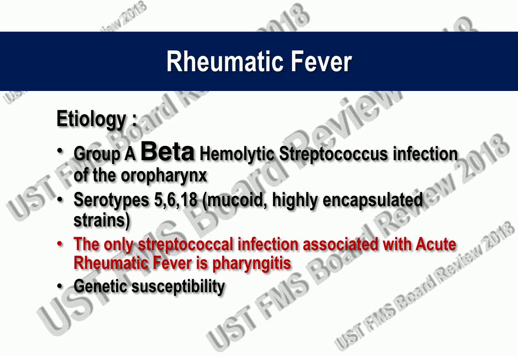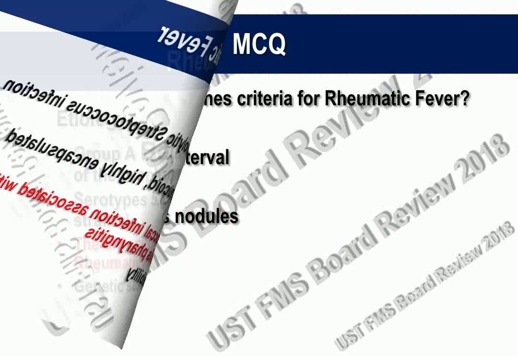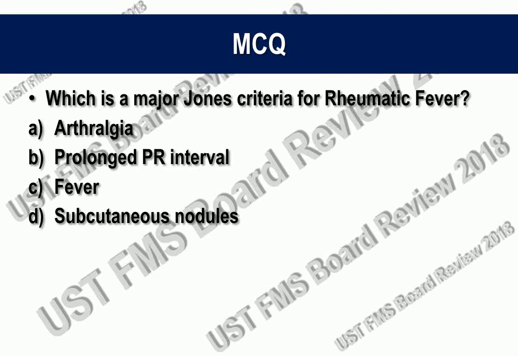And there's a particular genetic susceptibility to this particular agent, which is a major Jones criteria for rheumatic fever. So you need to be familiar with the criteria for RF. So the answer here is your subcutaneous nodules.